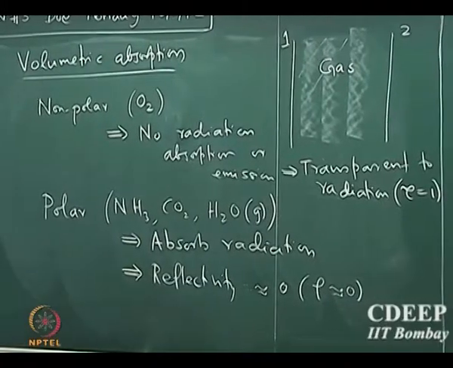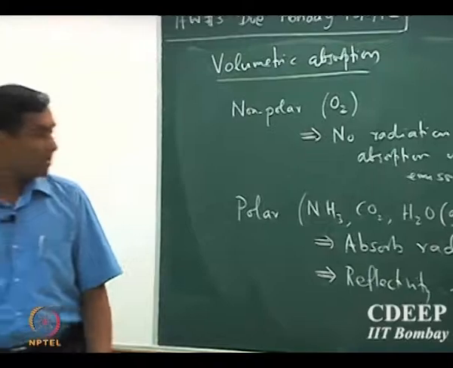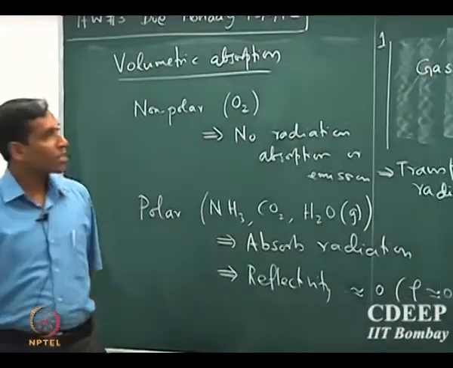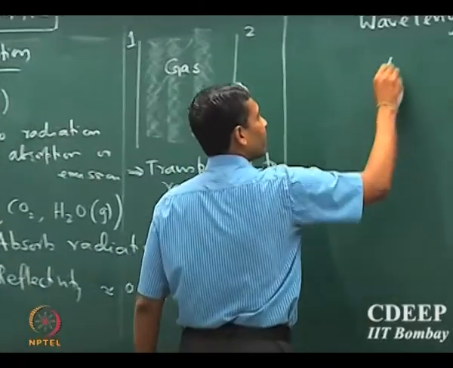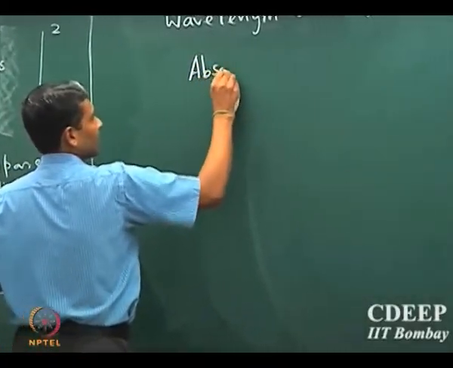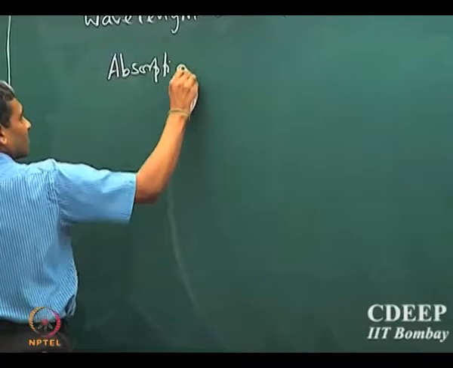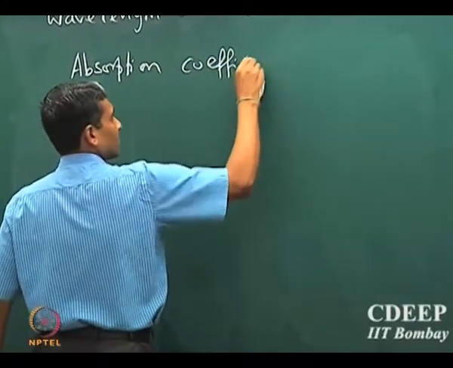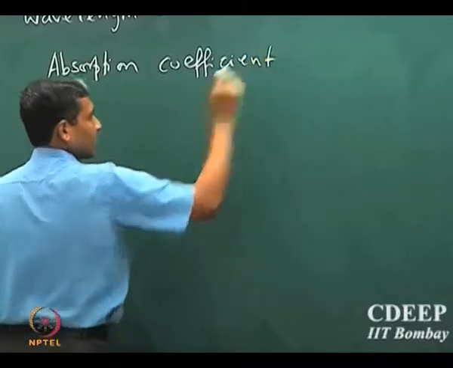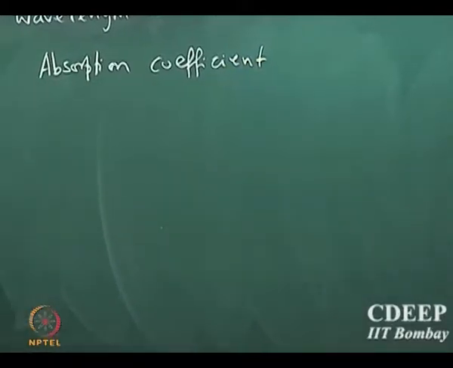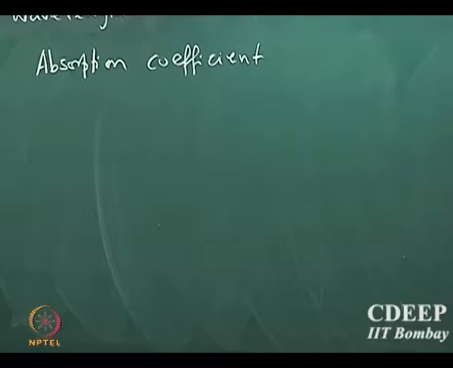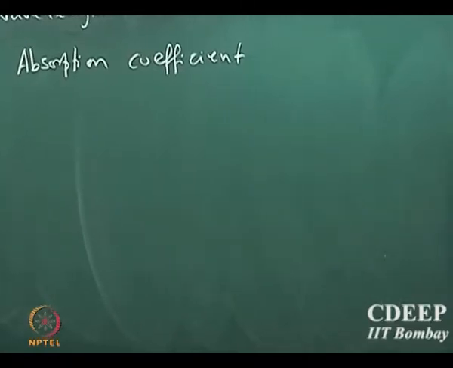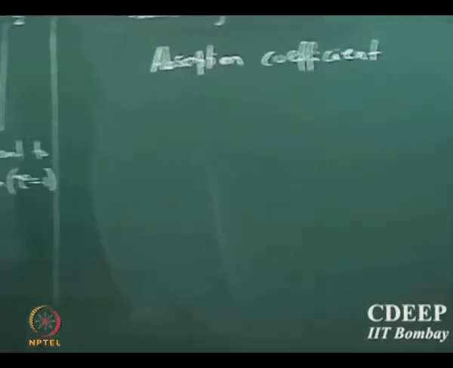So, there has to be some intrinsic property which quantifies the absorption process, right. That is what is called the absorption coefficient. It is like when you had conductivity, which quantifies the amount of heat that it conducts, or rho Cp, which is the intrinsic property to store heat in a system.